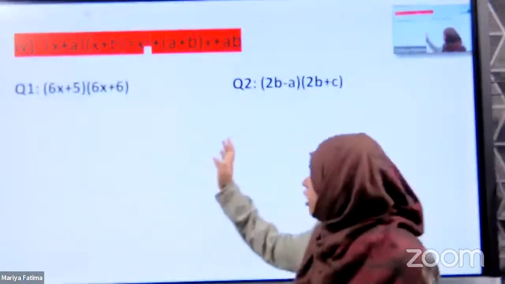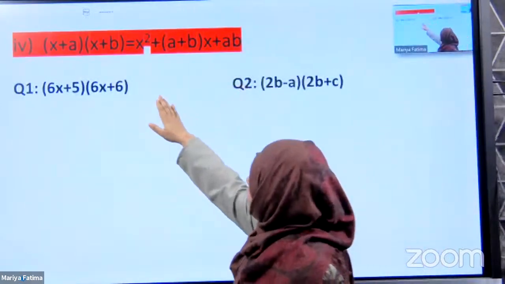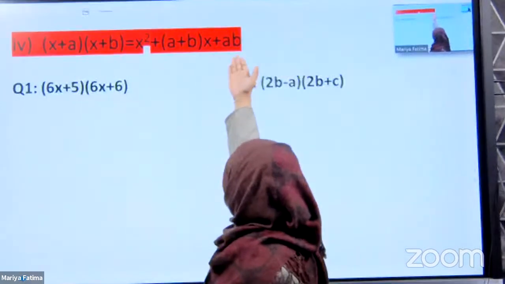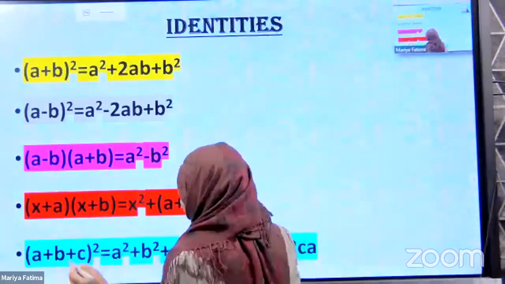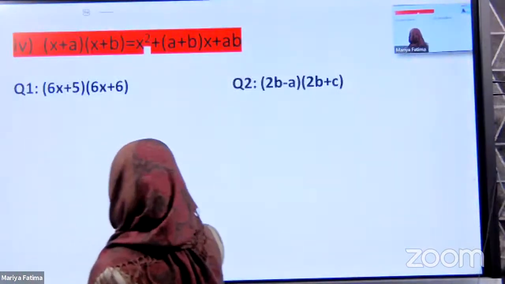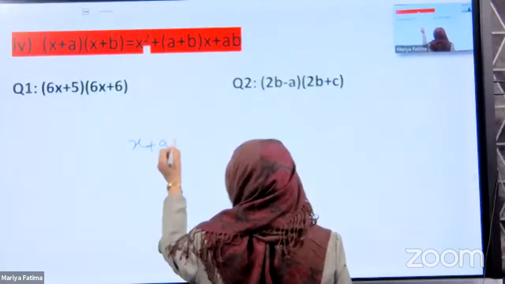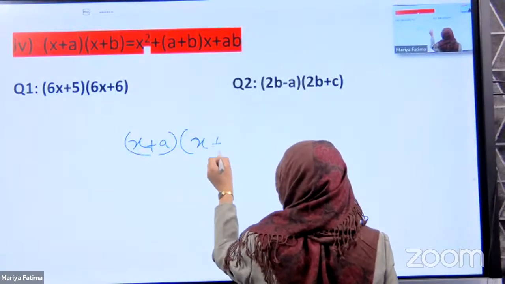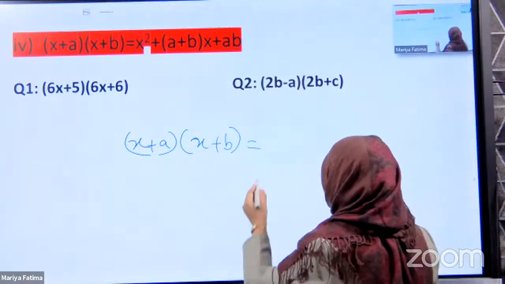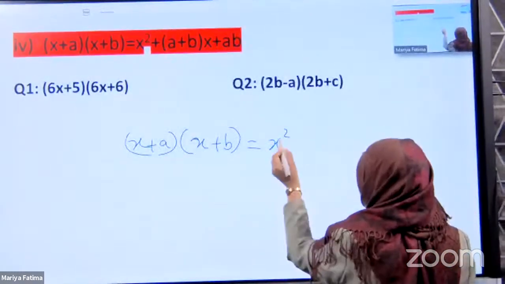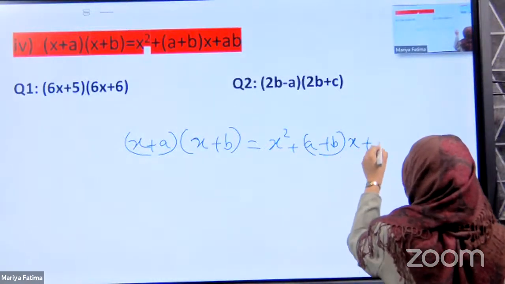See, this is one more identity: x plus A into x plus B will be equal to x square plus A plus B into x plus AB. So this is also one type of identity. You have to remember it. If we are having a question like x plus A, x plus B, we can use this identity, that is x square plus A plus B into x plus AB.